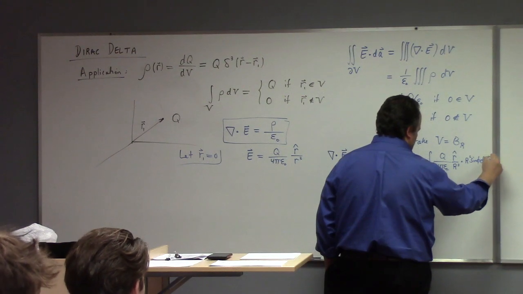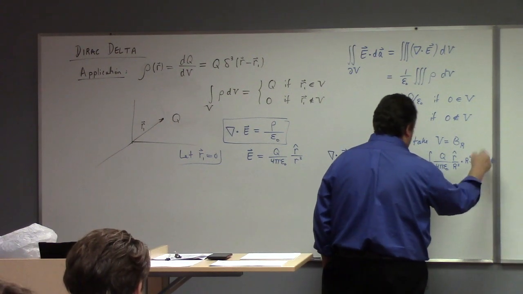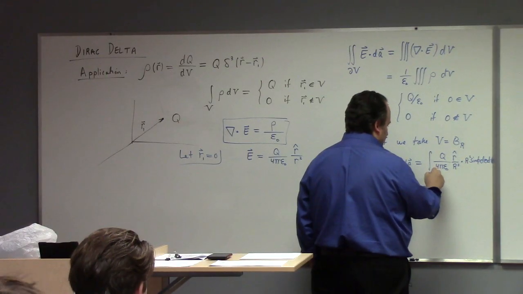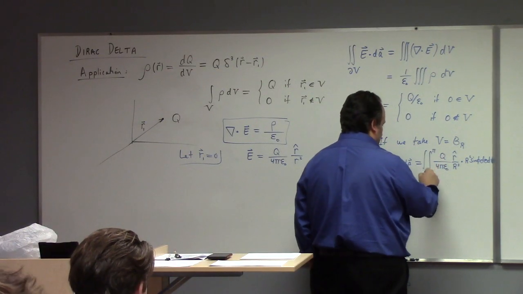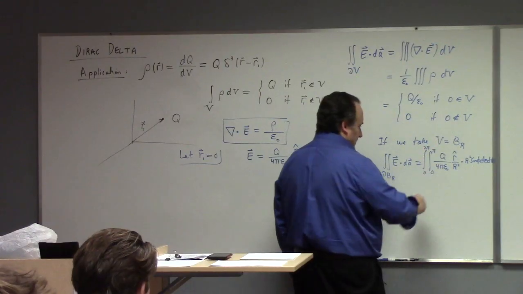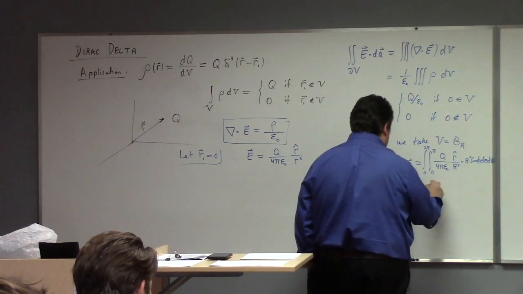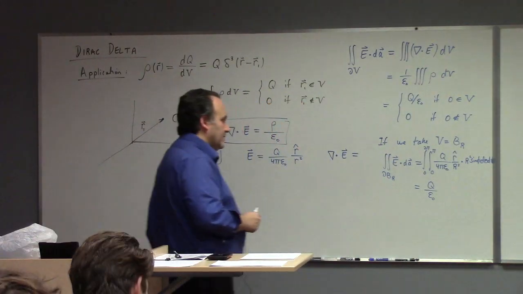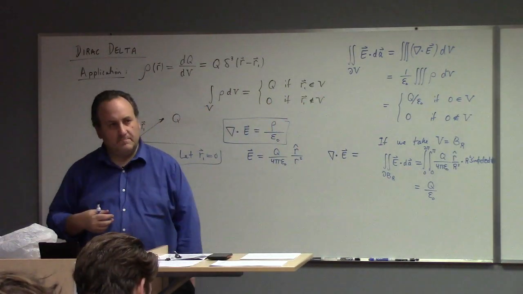Use your imagination, there's a phi there. This is physics, so theta goes from 0 to 2 pi, and phi goes from 0 to pi. So, lo and behold, that gives us q over epsilon naught. Everything would seem to be consistent, right?